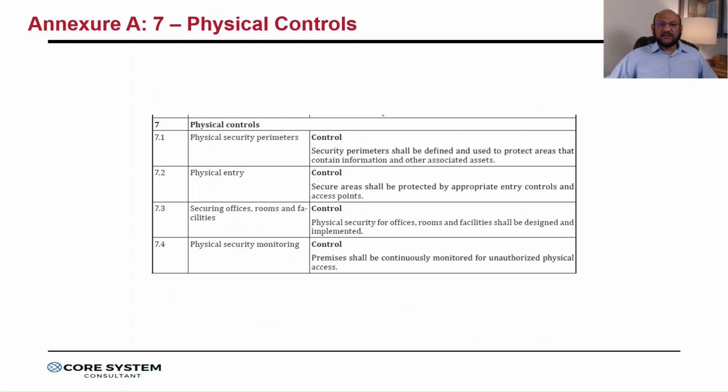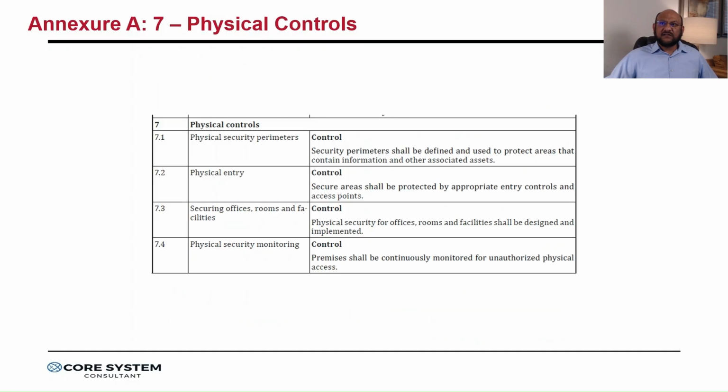Then let's move on to the next domain, which is physical controls. And among the physical controls, again, this is pretty self explanatory. Wherever the physical areas where the information assets are there, you need to make sure that they are suitably protected, as well as the risk assessment that you have done for those assets.